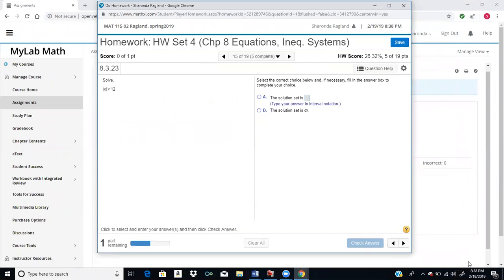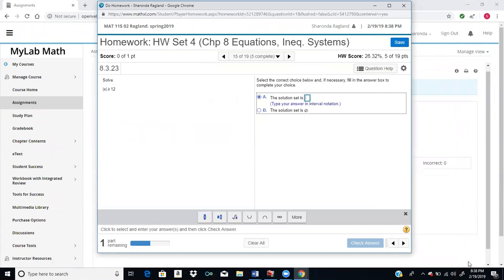So we have negative infinity, comma, negative 12, close bracket, and then the union, and then close bracket, 12, comma, infinity. There we go. And then open bracket, because we're dealing with infinity.